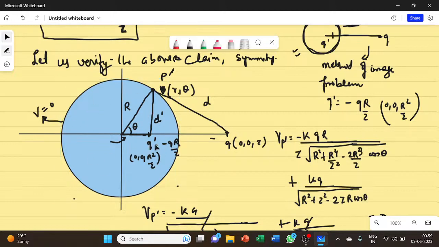So by placing this q dash at 0 comma 0 comma r square by z, where q dash is given by minus qr upon z, the boundary conditions are satisfied. So this indeed is the correct thing.